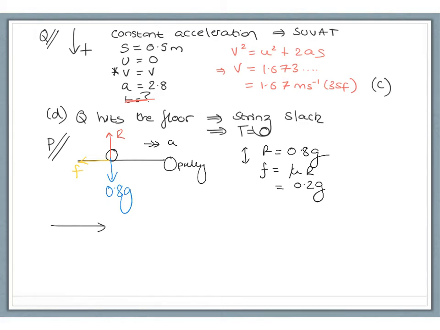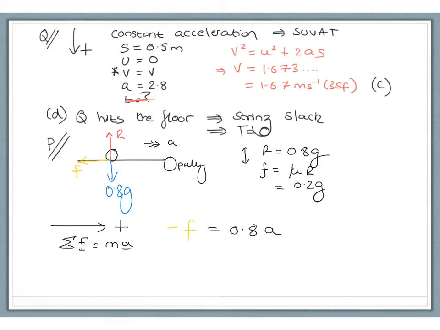So if we take going to the right as positive, we're going to apply F equals ma. We have no forces going in the positive direction, but we have negative F here, which is the only force acting, acting towards the left, so it's negative. That equals the mass, which is 0.8, multiplied by the acceleration.